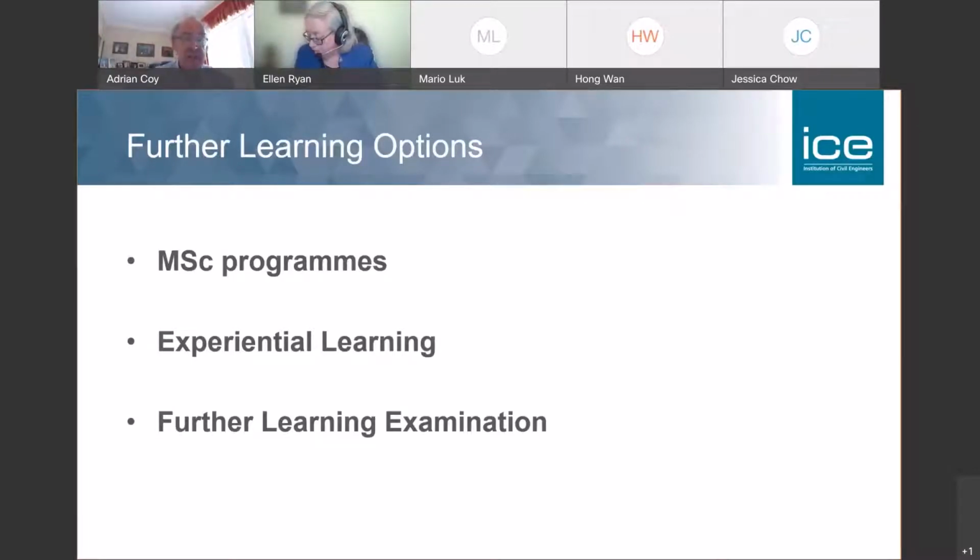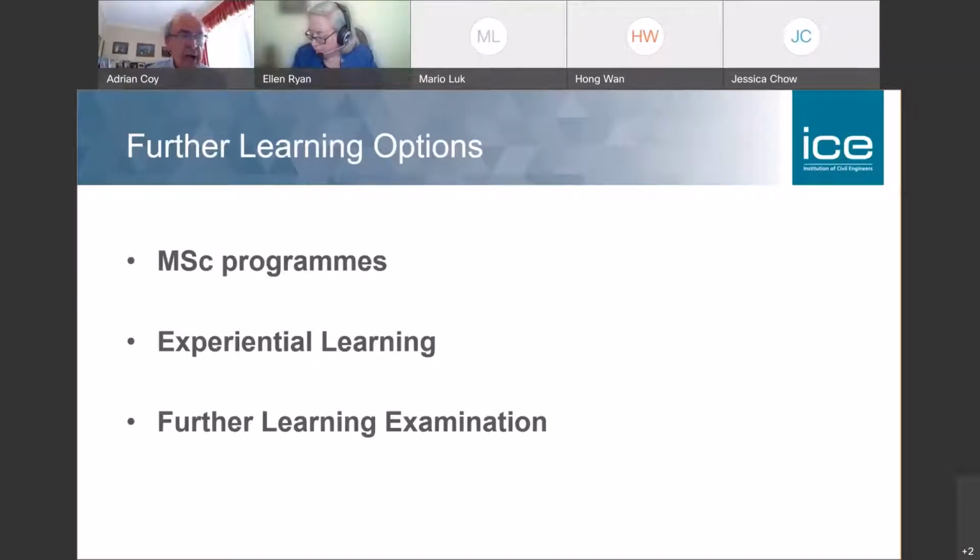I've been chairing that panel since then, to look at how best to assess that candidates have reached a master's level of learning. We've been working in collaboration with ICE Training to develop a syllabus for the exam, and to develop online learning material. The syllabus aligns closely with the attributes required for the Chartered Professional Review.